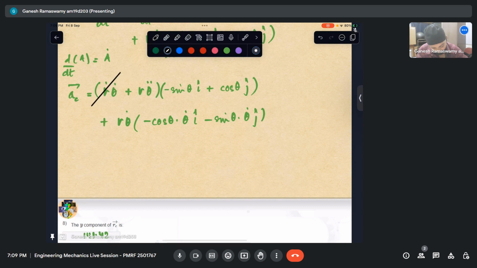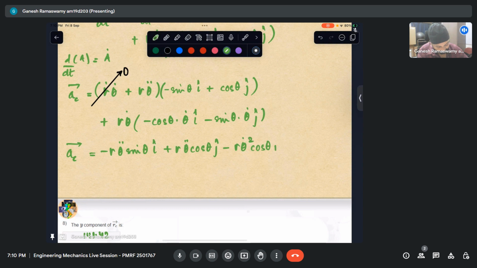So therefore AC comes out to be r theta double dot sine theta I cap plus r theta double dot cos theta j cap minus r theta dot squared cos theta I minus r theta dot squared sine theta j.